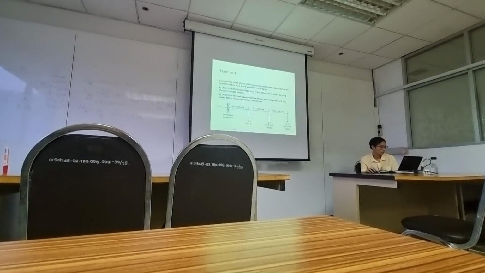From this example, we also have to assume that the phase angle of the voltage at each load is 0 degrees. Because this is constant current, you can make this assumption.